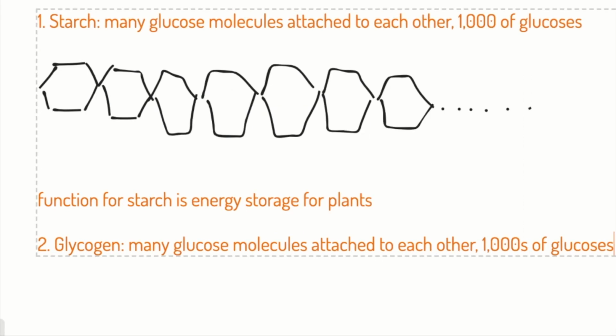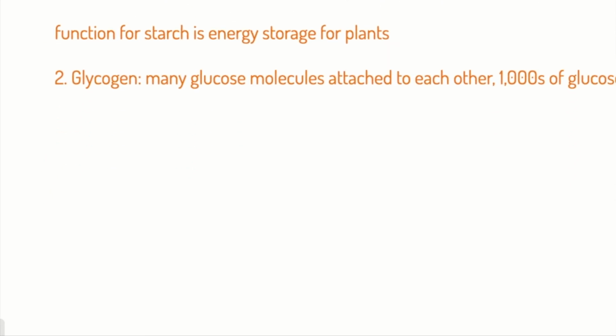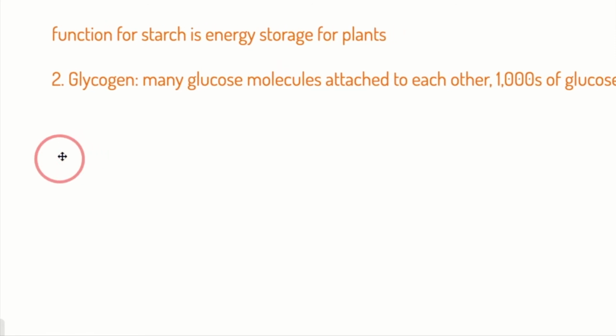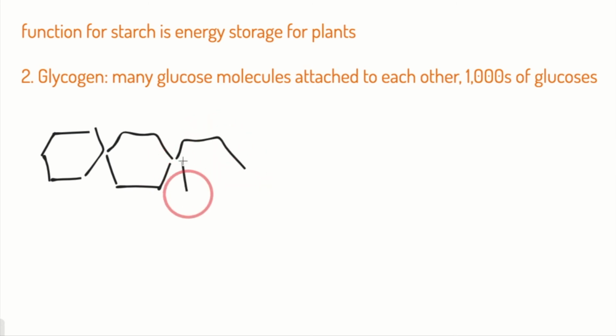And the difference between the starch and the glycogen is that the starch is what the plant uses for stored energy, but glycogen is what animals use for stored energy. And so it looks very similar to starch. So what'll happen is the plant will store the energy in the form of starch, and then an animal will eat the starch, like the potato, and will break down the glucoses into individual glucose molecules and then rebuild a new string of glucose molecules into what we call glycogen.